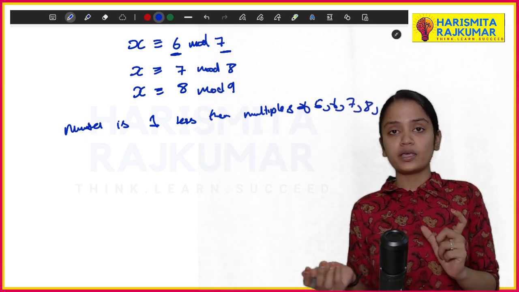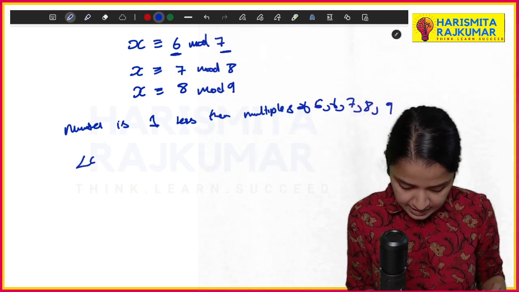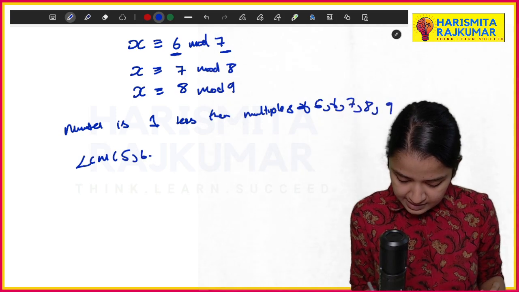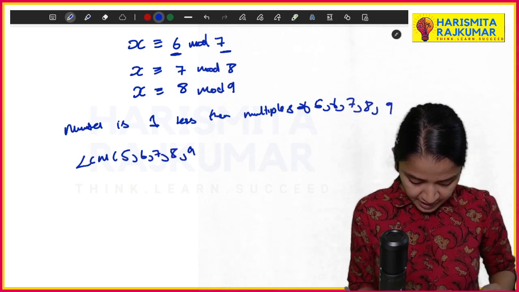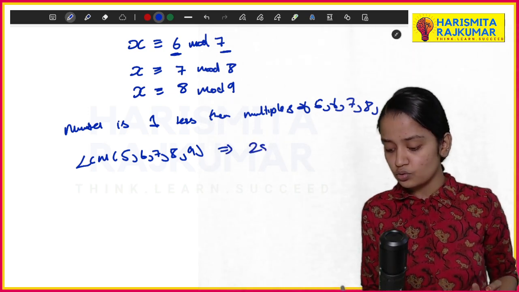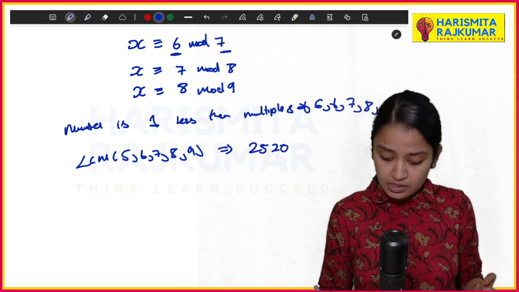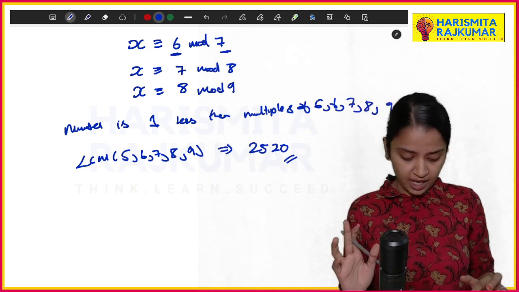So let me take the LCM of 5, 6, 7, 8, 9. If I take the LCM of 5, 6, 7, 8, 9, I get 2520. So this is the LCM.